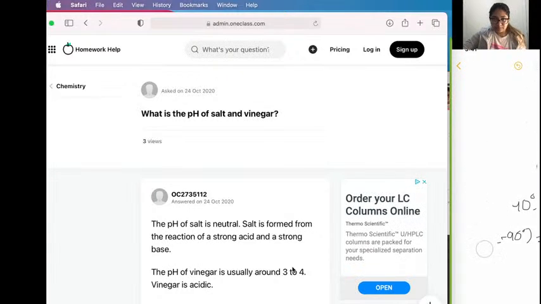Okay, so what is the pH of salt and vinegar? So we're doing a common chem question. So this is our 11th question. So basically, a salt arises from a neutralization reaction.